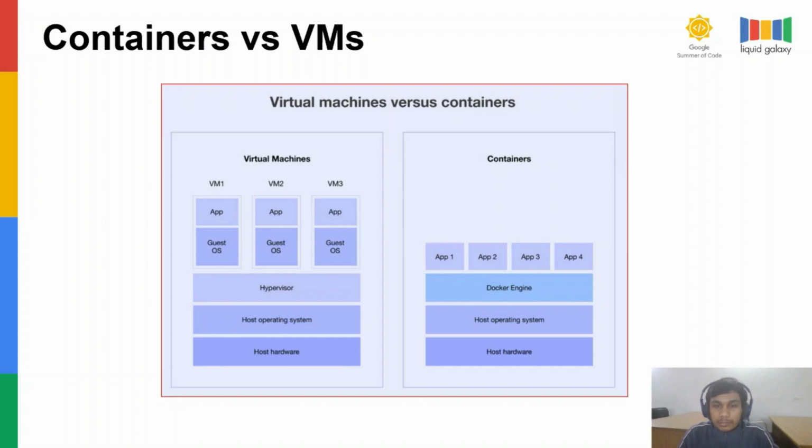Whereas, as you can see, the Docker engine has no OS except the host OS to rely on. So the Docker engine single-handedly just uses the applications and binds them with the host OS as an intermediate, and that cuts down a lot on resources as well as the functionalities, making it a viable tool when you are using it solely for an application.